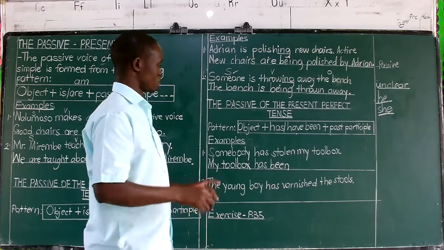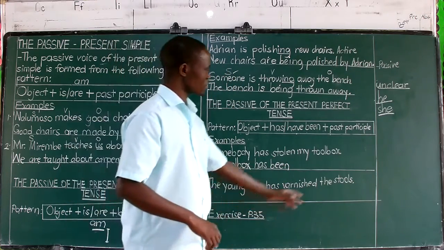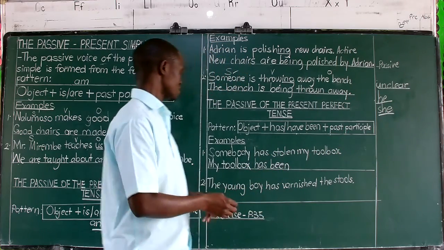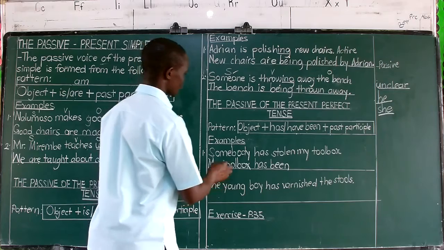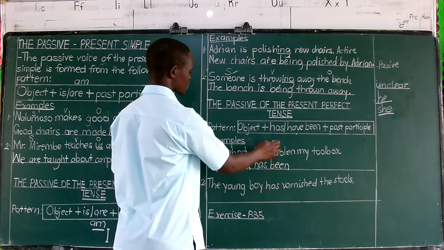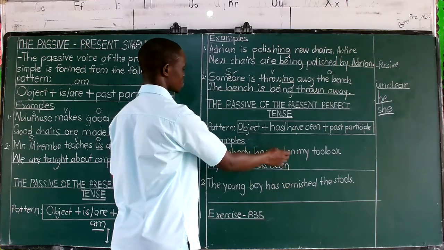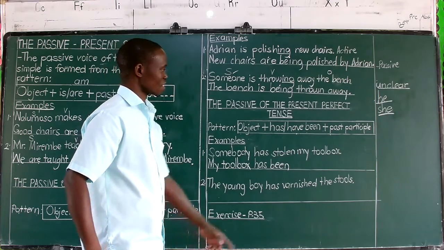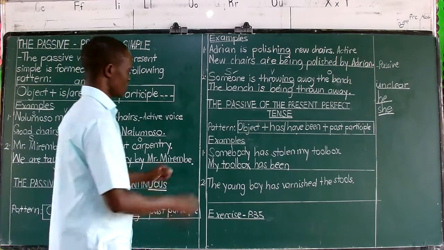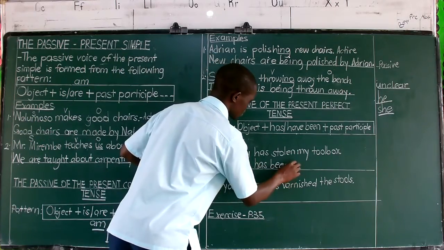Here, things are going to be very easy because the past participle verb you need is already used in the active voice. That is the fun you enjoy with the present perfect tense passive voice. They tell you to change the sentence to passive voice, and that sentence is in the present perfect. It means the past participle is already part of the passive voice. Okay, my toolbox has been stolen.